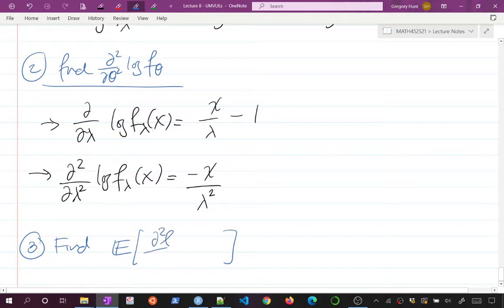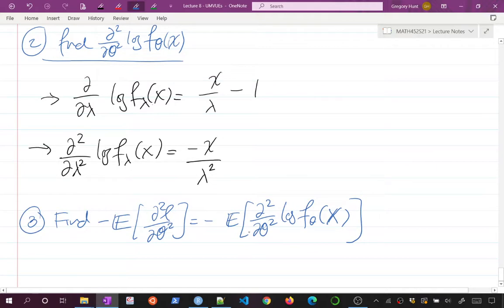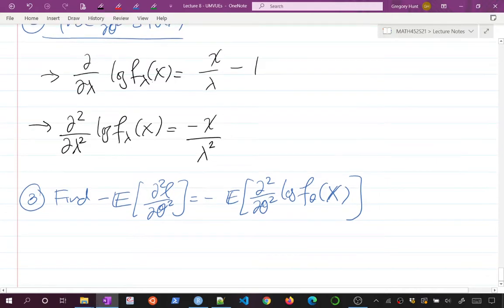Sometimes I've called it d squared l d theta squared when I'm lazy, or, more formally in textbooks, they tend to write it as d squared d theta squared log of f theta of x. So now this is capital X, so it's random. In this one, little x is not random, but we're plugging in the random variable now, which means we can actually take an expected value of it. That makes sense to talk about.